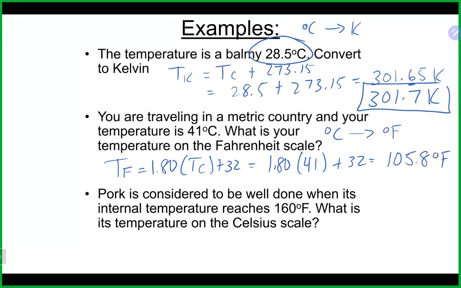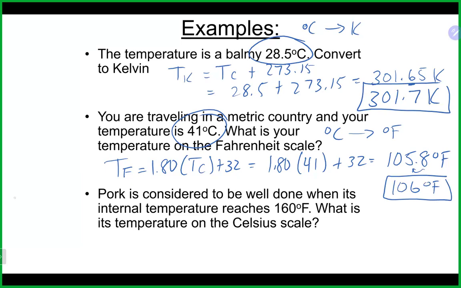Once again here, we're going to look at our original number. In the case of temperature to temperature conversions, that is a whole number, which means we do want to round this up to 106 degrees Fahrenheit. Any questions on that one there?